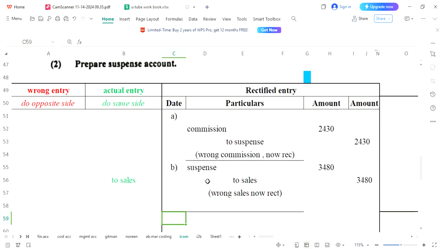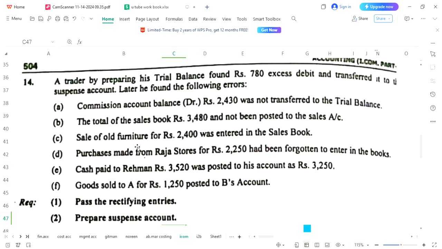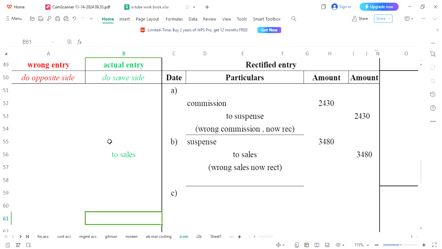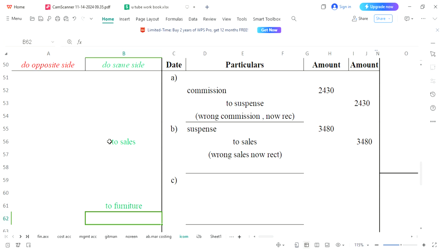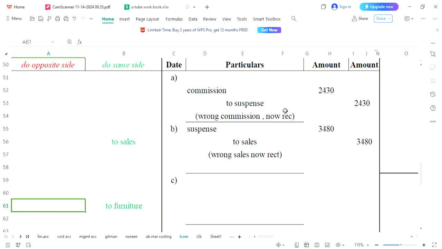We will now see our C entry, which is saying sold old furniture. Furniture is sold, furniture is going out. So furniture was required to be written, but it was actually entered in the sales book. So they have entered it in sale since it has been said book. So whatever is written on debit is the same. The only mistake is on the credit side: furniture was required, but we have written sales.